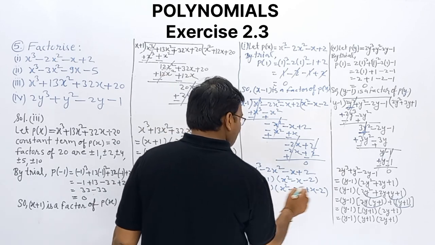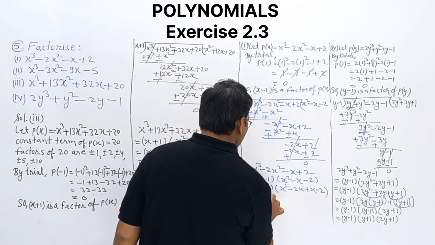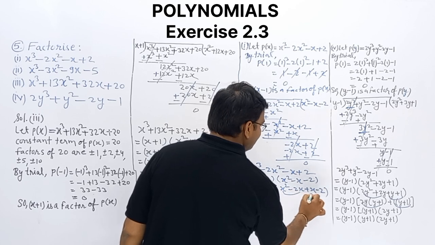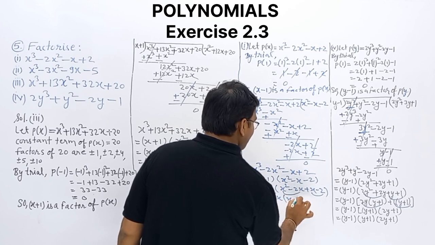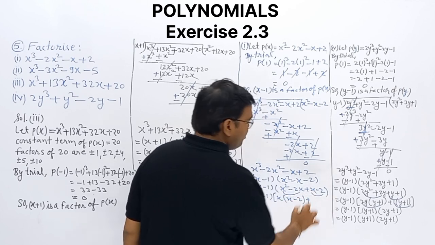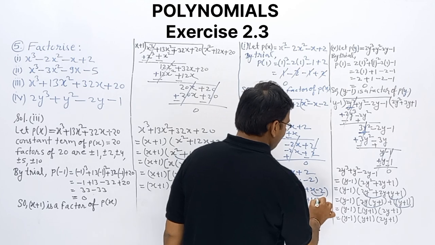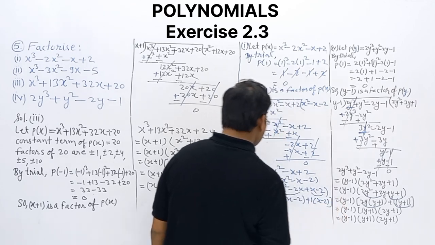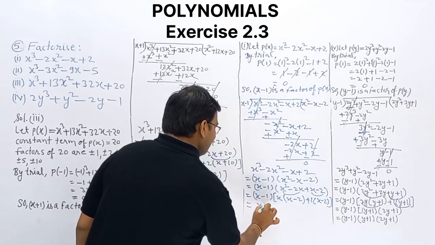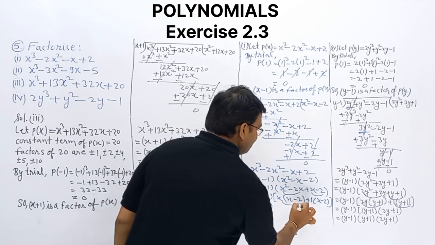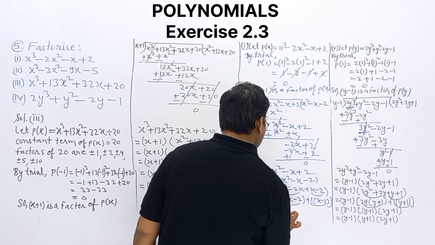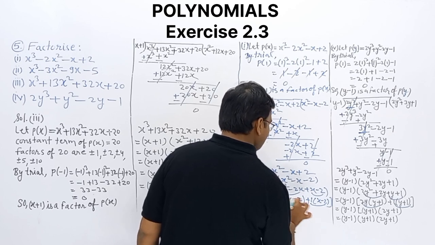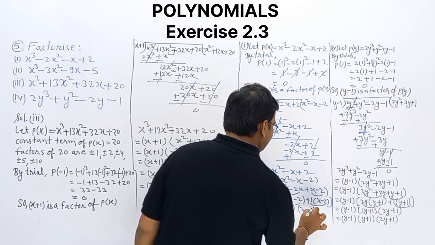Now take common x minus 1 in both, and common in both. What is the common in first two? x is common, x minus 2. What is the common in both? No one is common, it means 1 is common, x minus 2. x minus 1 is in this term and in this term, the bracket is common. Take the bracket outside and take the remaining, which will be another bracket, x plus 1.